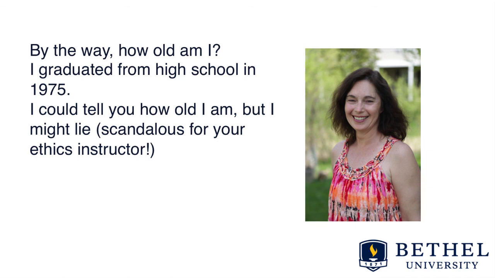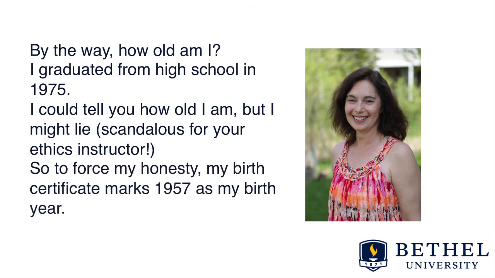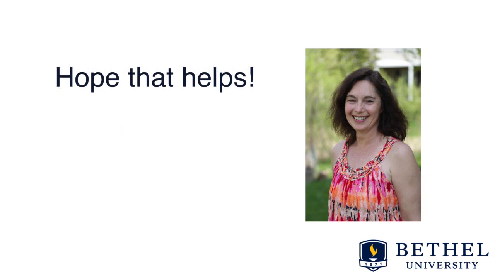So that might not be the most reliable way. So probably the most reliable way to measure my age is to do the ratio scale, go get my birth certificate, and find out that I was born in 1957. You do the math. Hope this all helped you better understand scales of measurement, and I look forward to continuing working with you through this course.